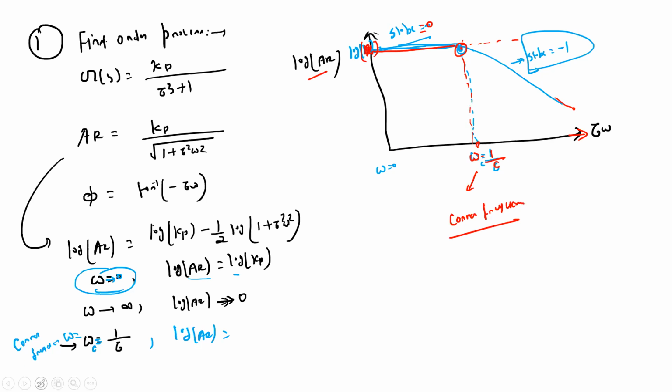Is it clear? So two terms are there. Here this is called the low frequency asymptote. And since omega is very, very high, much greater than 1, this is called the high frequency asymptote.